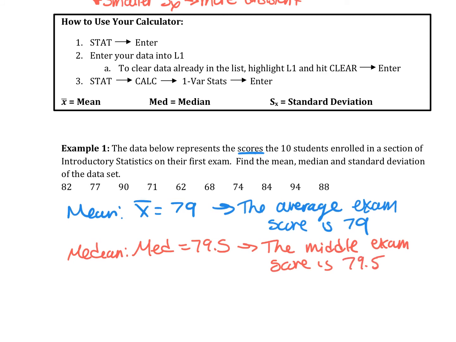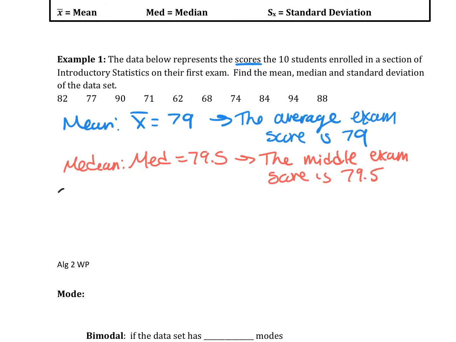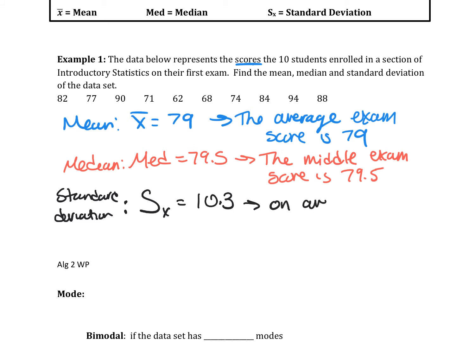And then finally, we were told our standard deviation, which was Sx, and that was 10.3. So this tells us on average exam scores, because you just use whatever units our data is in, are 10.3 points away.